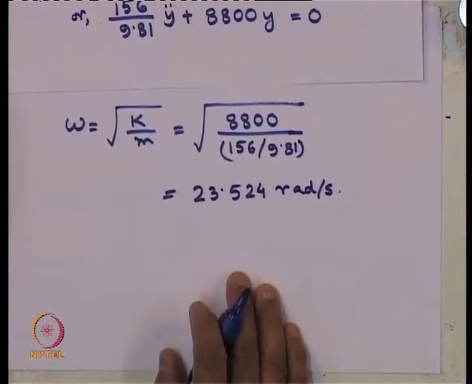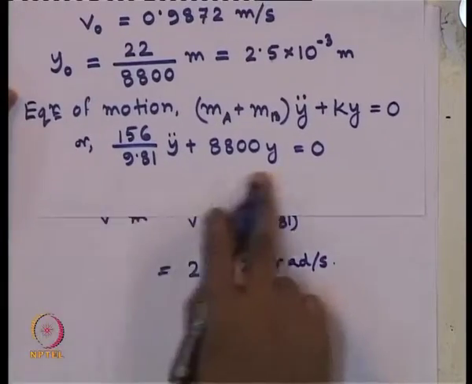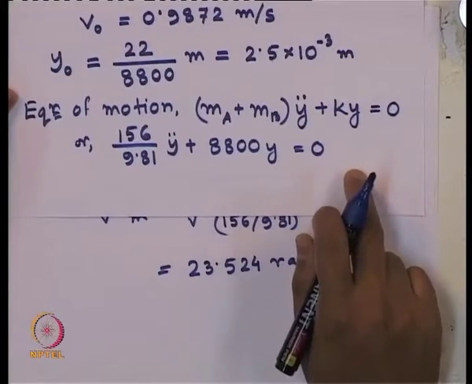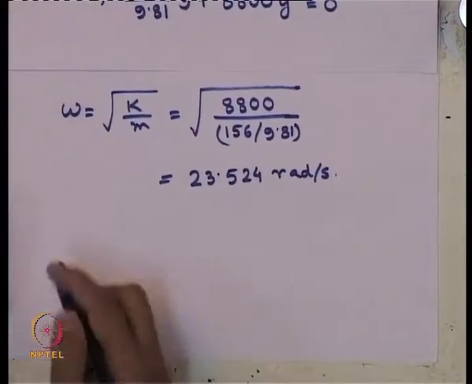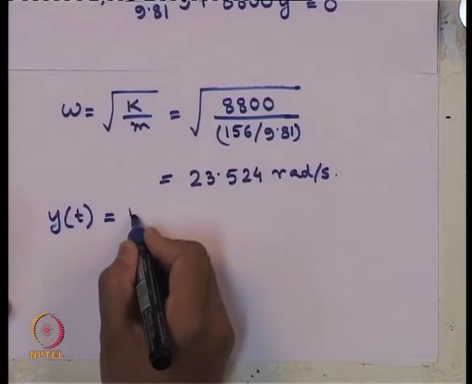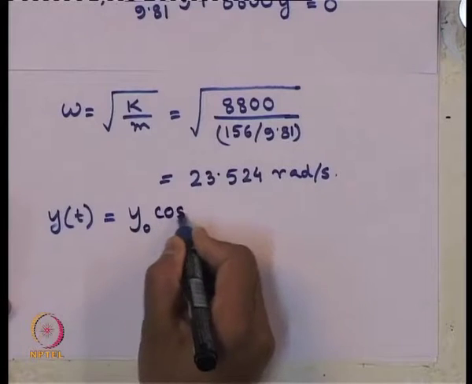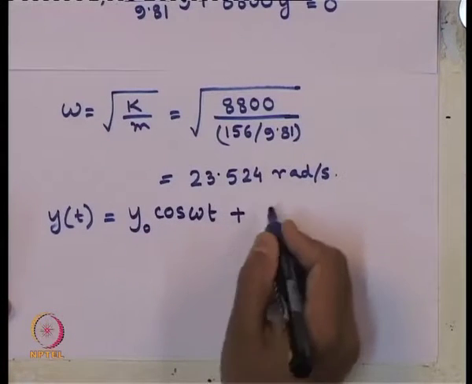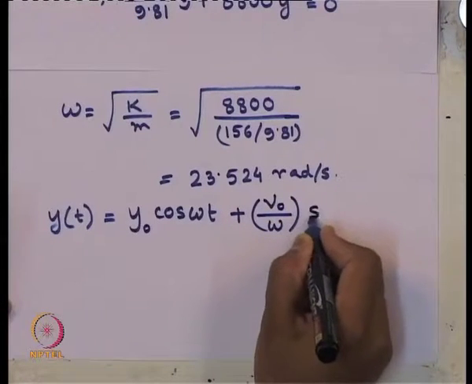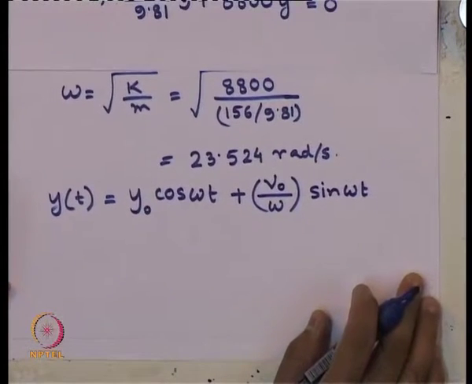And this is nothing but an equation of motion for undamped free vibration. There is no damper, there is no externally applied dynamic load. So, for such a system, what is the solution? We know y of t equals the initial displacement y naught cosine omega t plus initial velocity by omega sine of omega t. That is the solution we have seen in the previous lecture.